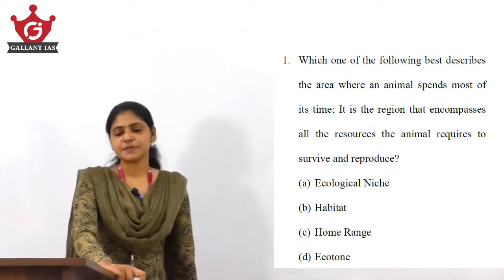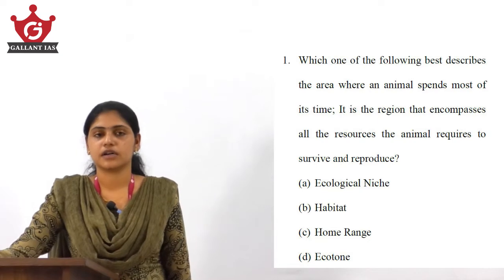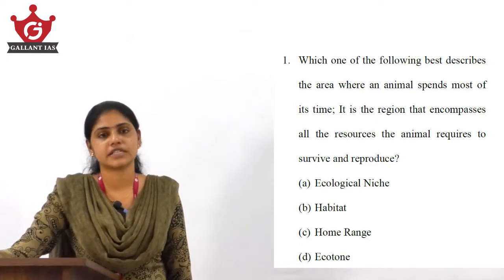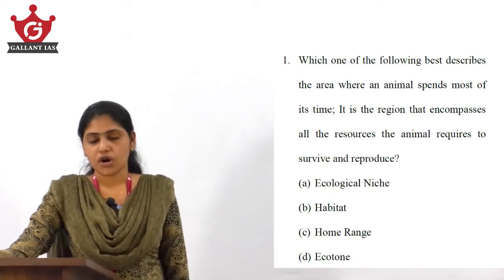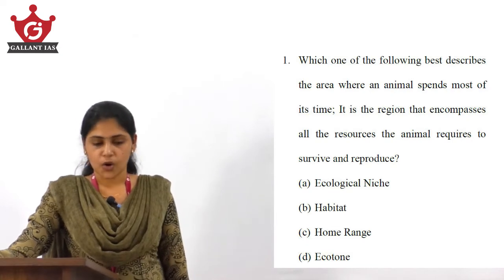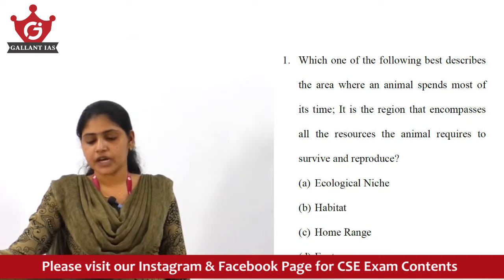See, in this particular question, while we discussed our basic chapters like ecosystem or biodiversity, we have come across all these terminologies, whether it be ecological niche, habitat, environment, ecosystem, home range, ecotone.